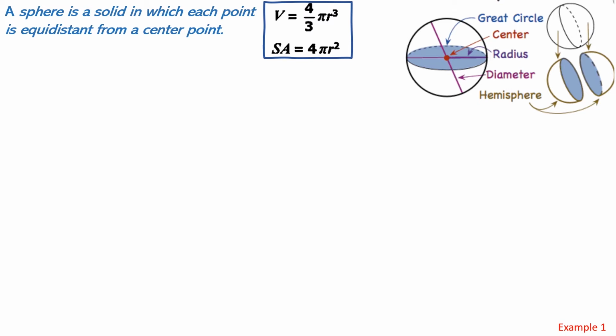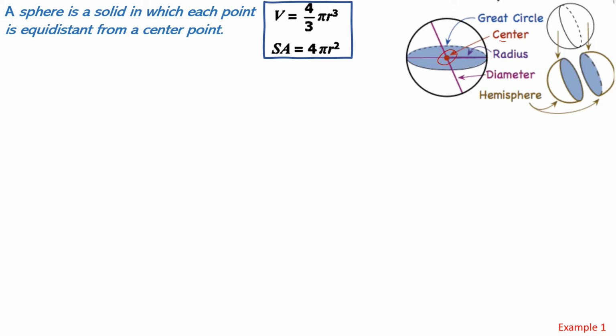We have the great circle, and basically the great circle is a circle on the surface of the sphere that lies in a plane passing through the sphere's center. So we have the great circle here, and it's just a circle. It passes through the center of the sphere. The center is right here, in the middle. The radius goes from the middle of the circle to the edge of the sphere.